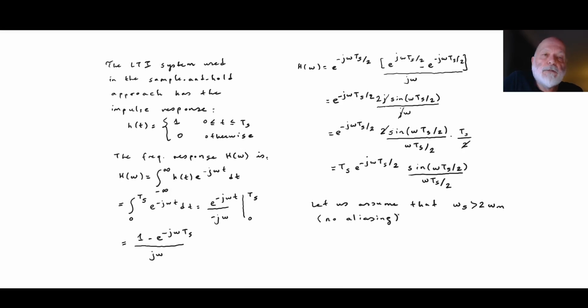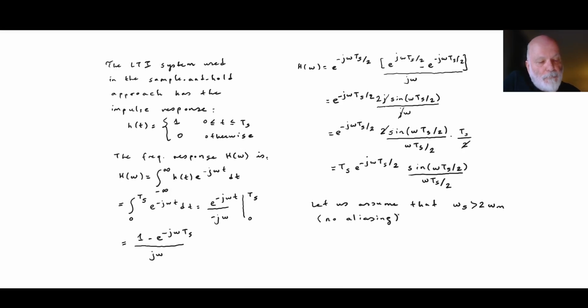So if we can do this in the reconstruction phase, if we can obtain xs of t back, we will be able to use the ideal low-pass filter to extract the Fourier transform of x of t, that is X of omega, and therefore x of t is retrieved.